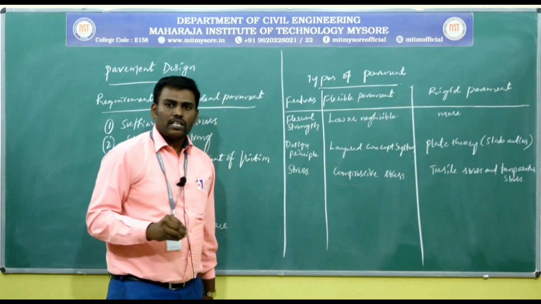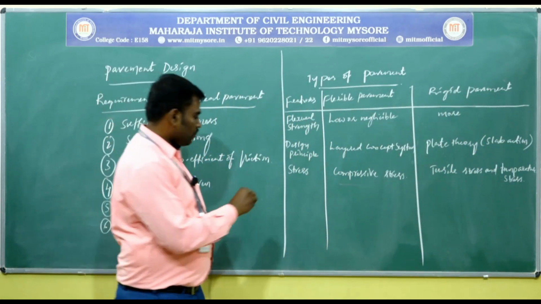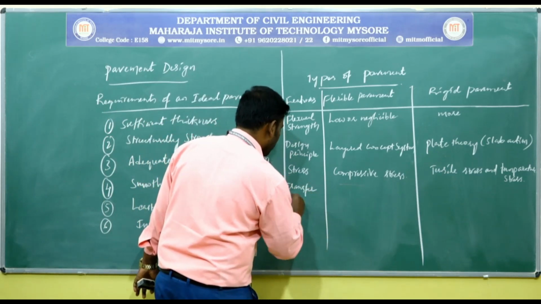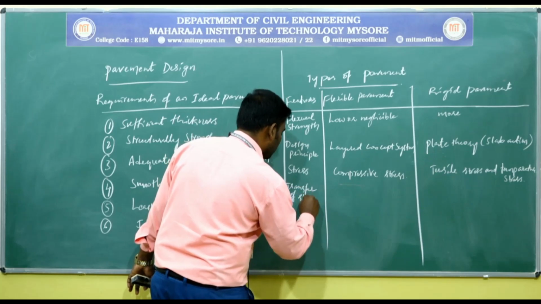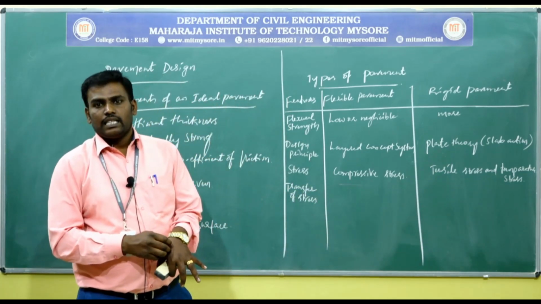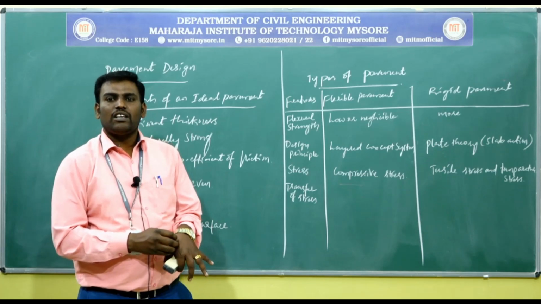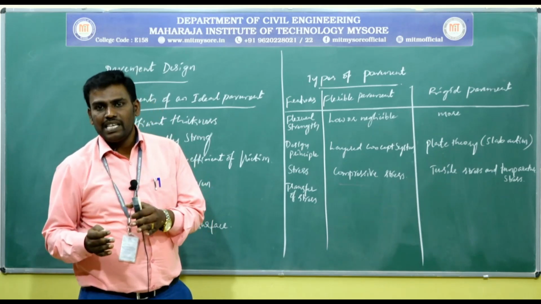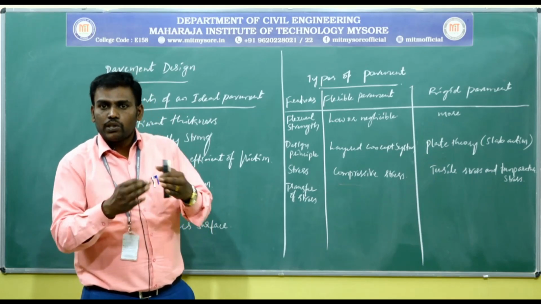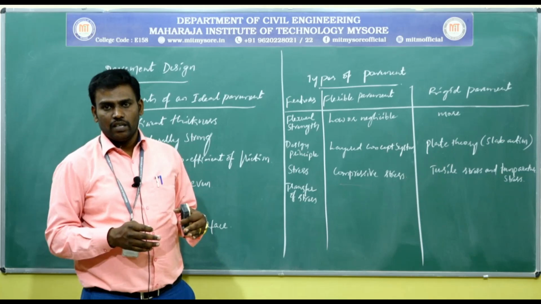Okay, next, transfer of stress. In the flexible pavements, the transfer of stress will be from grain to grain, means there will be a grain to grain stress transfer, one particle to another particle.